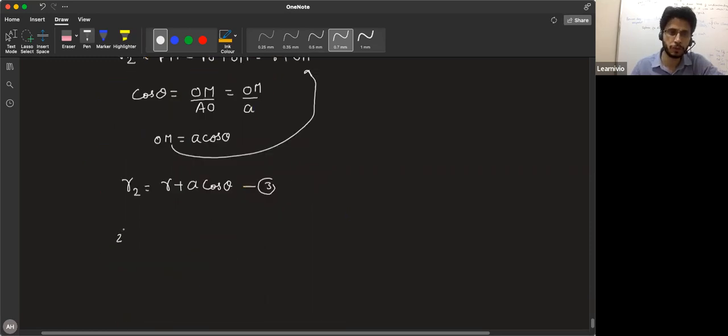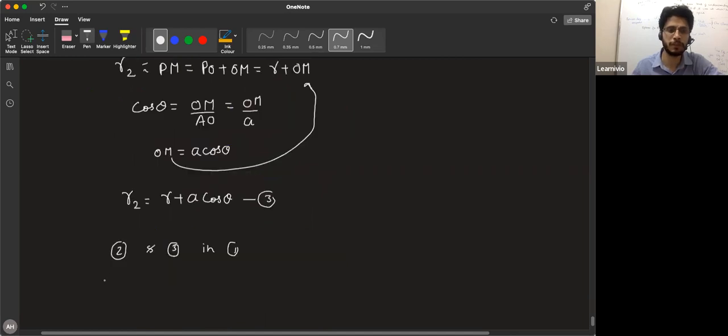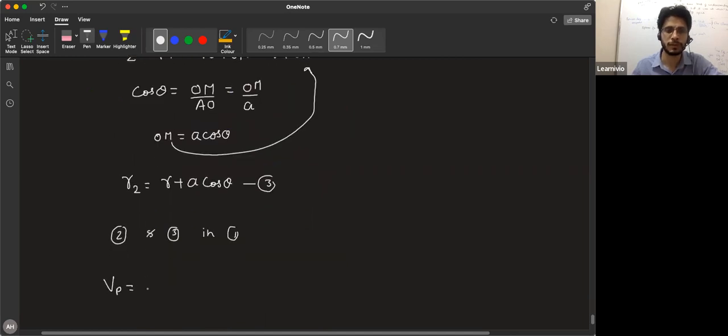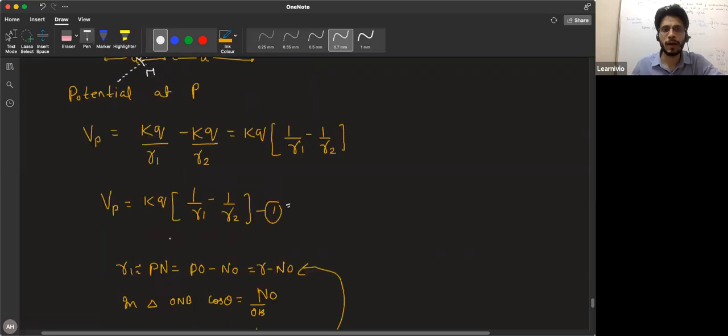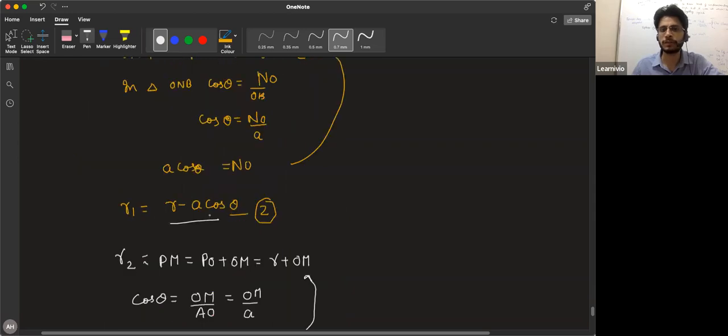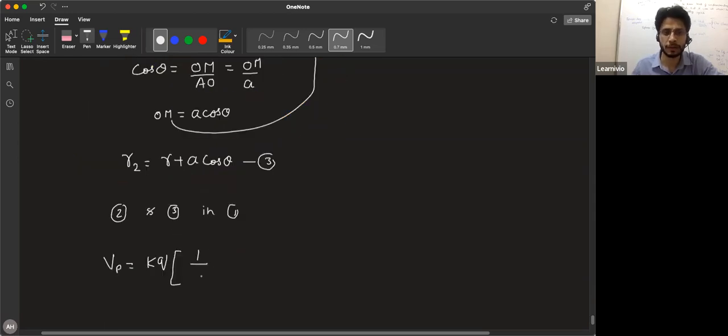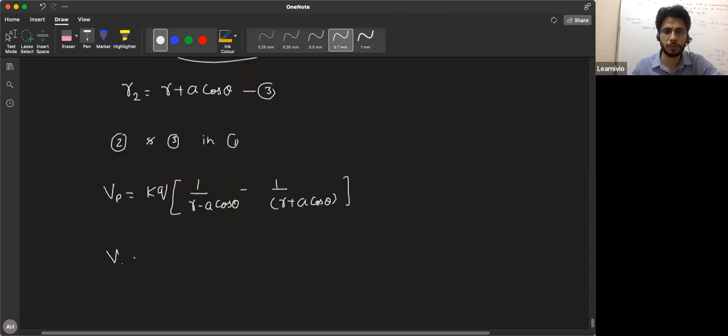So when we substitute 2 and 3 in 1, I get potential at P as KQ times 1 by R1, and R1 is R minus A cos theta, so 1 by R minus A cos theta, minus 1 by R2, which is 1 by R plus A cos theta. So potential at point P is KQ.